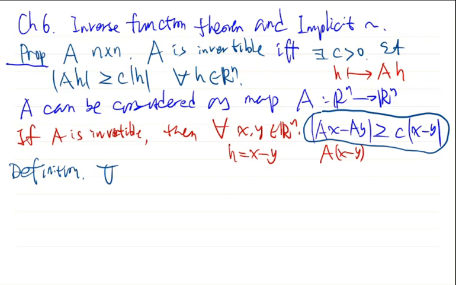Suppose U is an open subset of Rn, and F is a map from U to Rn.